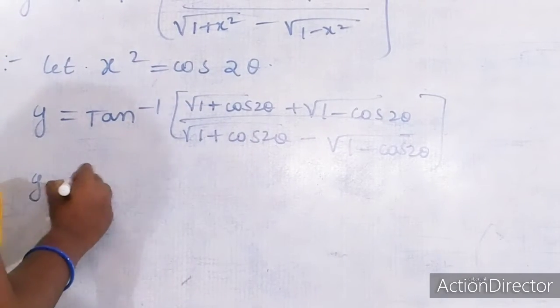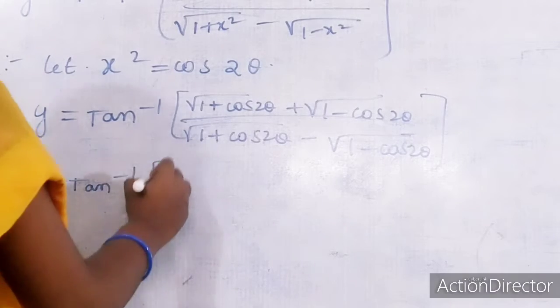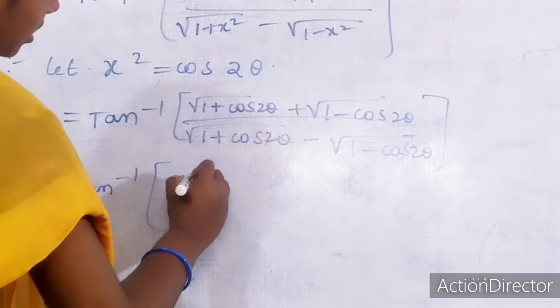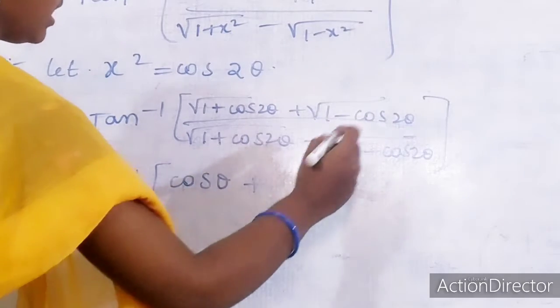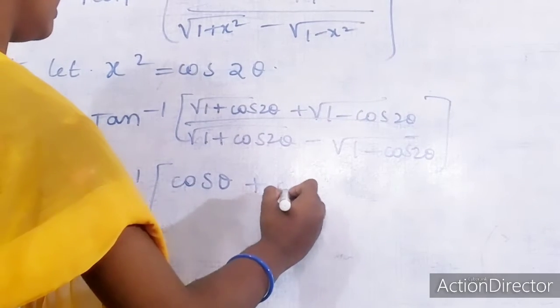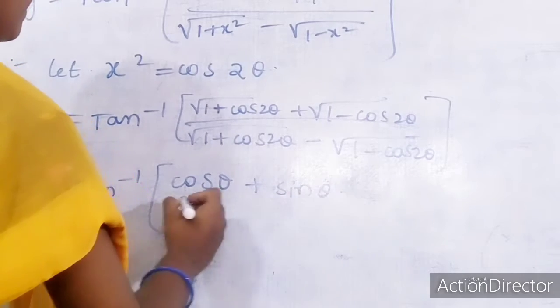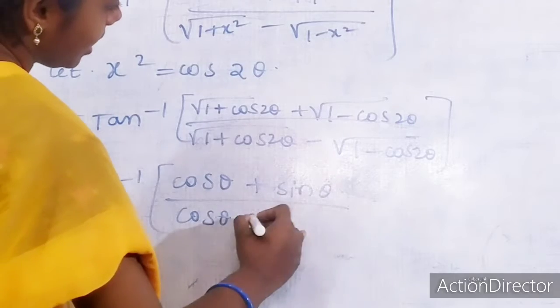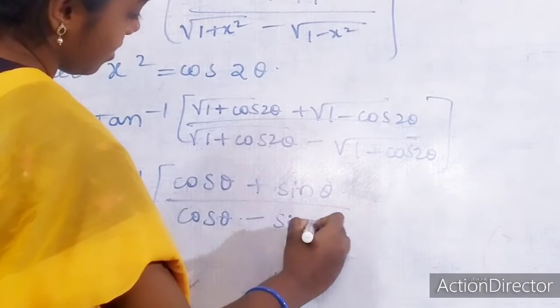Now y is equal to tan inverse of, here root of 1 plus cos 2 theta value is cos theta and root of 1 minus cos 2 theta value is sin theta, and root of 1 plus cos 2 theta is cos theta, root of 1 minus cos 2 theta is sin theta.